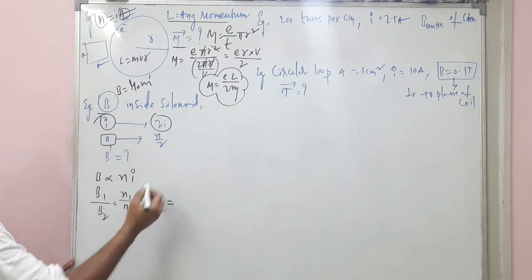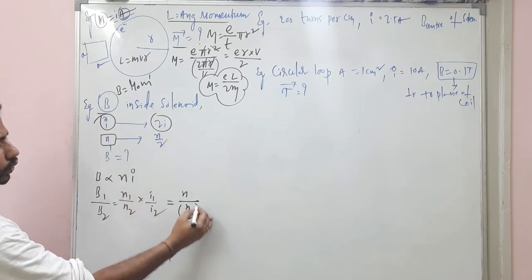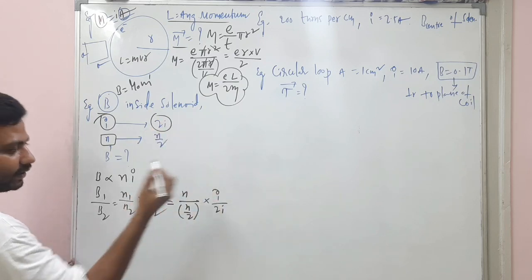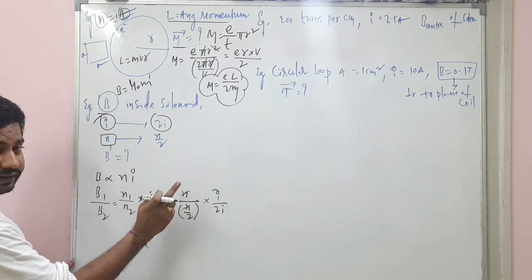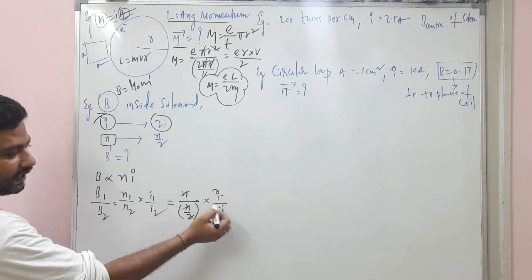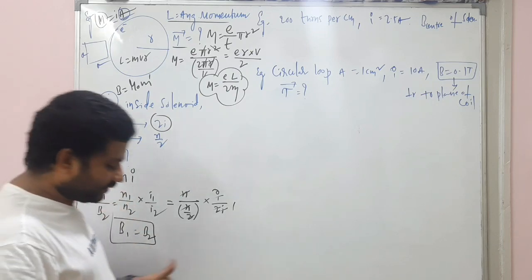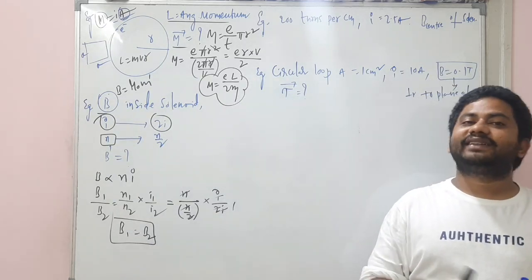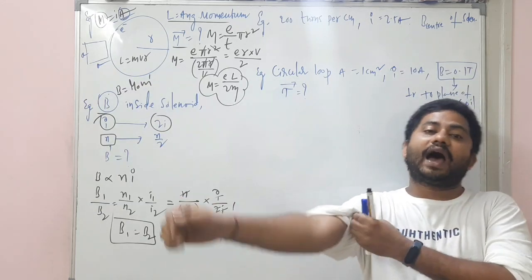What is n1? It's n. What is n2? It is n by 2. What is I1? It's I. What is I2? It's 2I, doubled. So n gets cancelled, the numerator is 2, and the numerator 2 and denominator 2 and I cancel, and the answer is 1. So B1 is equal to B2. No change in magnetic field. Is it interesting? No change in the magnetic field inside the solenoid when the current is doubled and the number of turns are halved.